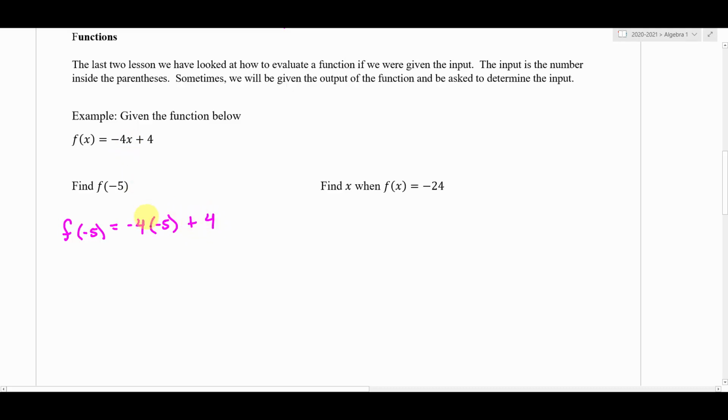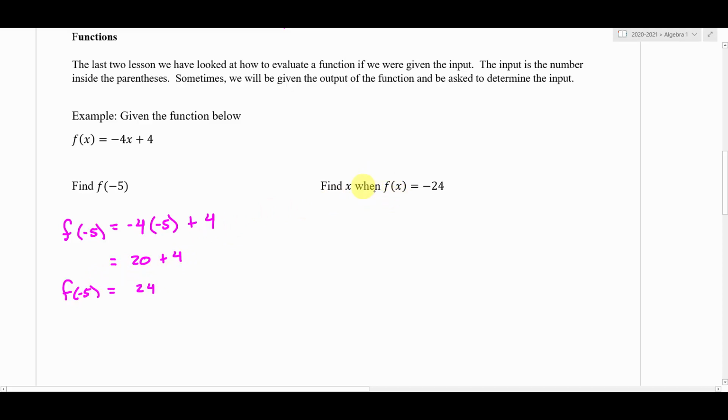So instead of an x, I now have a -5. And then we use our order of operations to calculate. So -4 times -5 is a positive 20, and then 20 plus 4 is 24. So f of -5 equals 24. It means I put a -5 in, I got a 24 out.